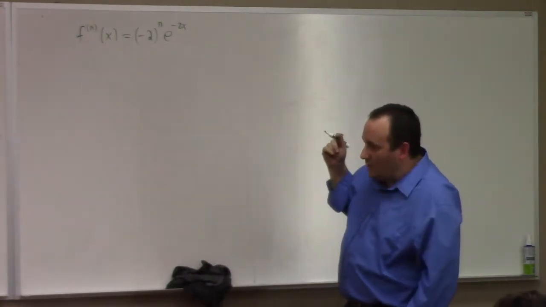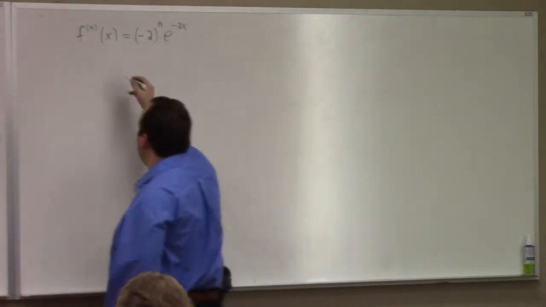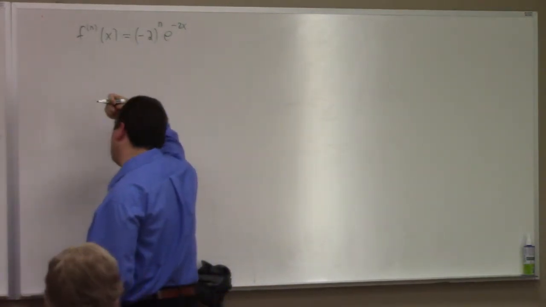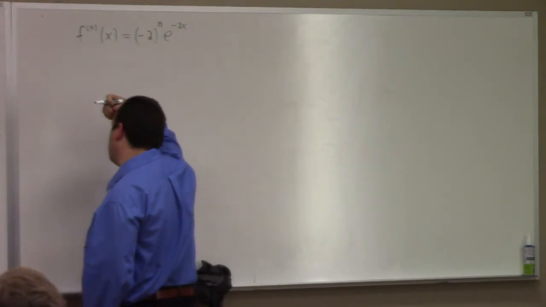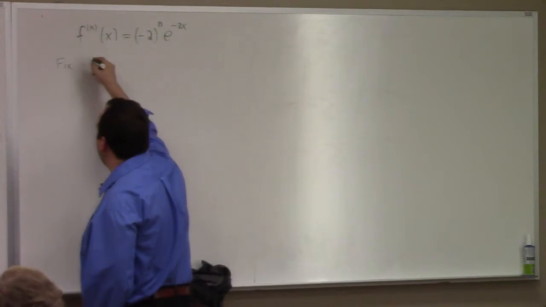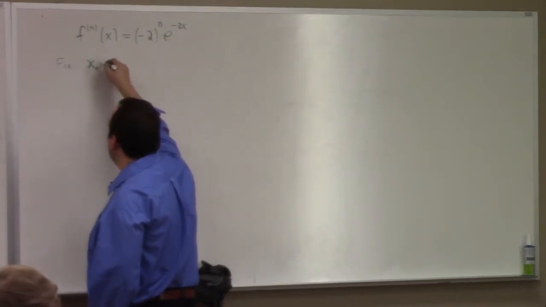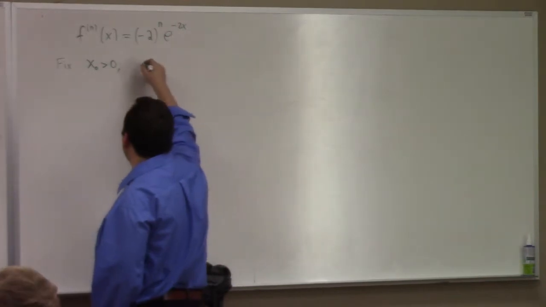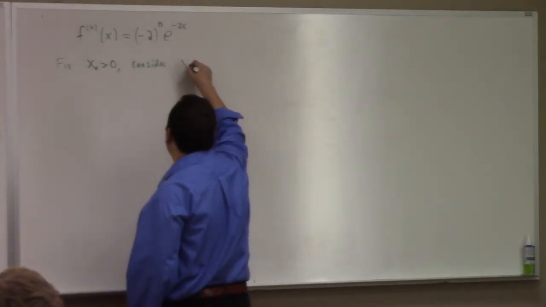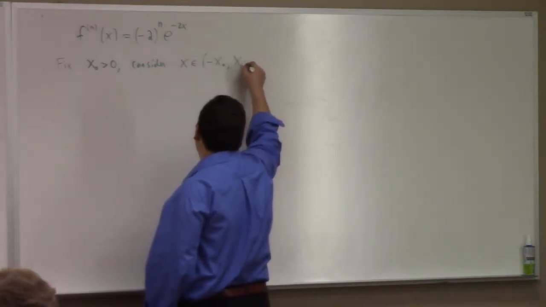So I want to bound, right? Can you figure out what I should, so if we, let's say, fix x naught greater than 0, all right? And I'm going to consider x an element of minus x naught to x naught, okay?